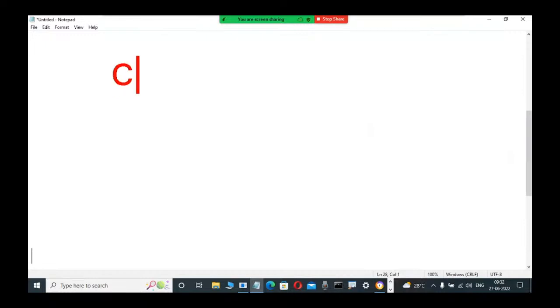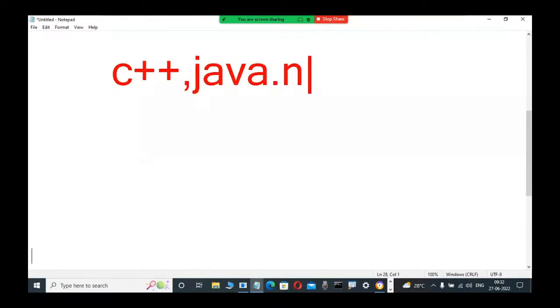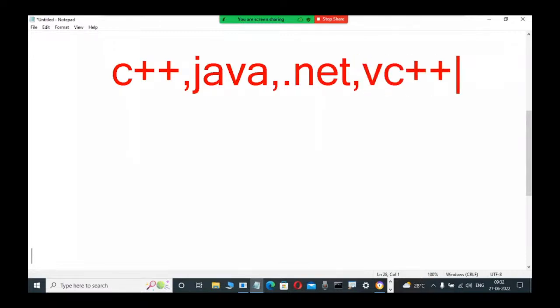Suppose C++ is an object-oriented language, Java is an object-oriented language, .NET is an object-oriented language, and Visual C++ is too. Many object-oriented languages are available worldwide. Suppose I take two of them. Through that comparison, you can easily understand the comparison of SQL languages in databases.